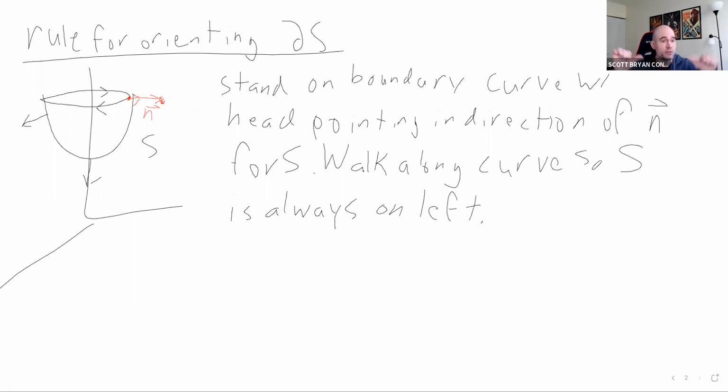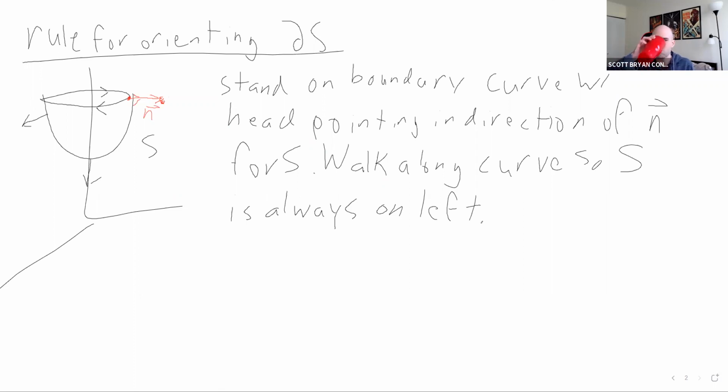And obviously, if you switch the orientation of S, you're going to switch the orientation of your boundary as well. We do this for each curve on the boundary. This is maybe one of the more difficult things to do, but does everyone see what's going on here?